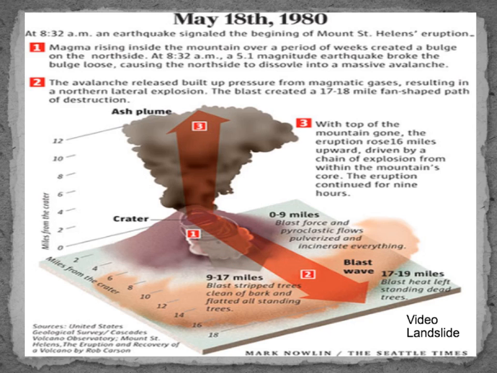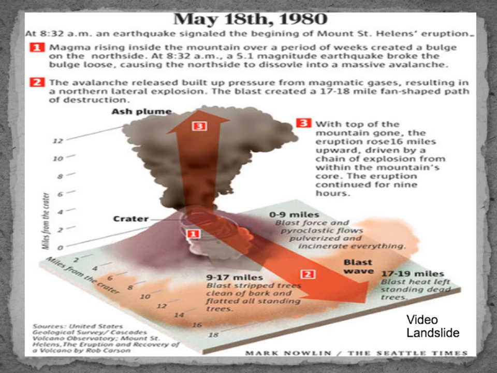A big chunk of the mountain just kind of slid down in this giant avalanche, or giant rock slide. And for a year or so before, there was this bulge that kept occurring where all these gases were building up and pushing the rock out of the way. That's how big the pressure was.